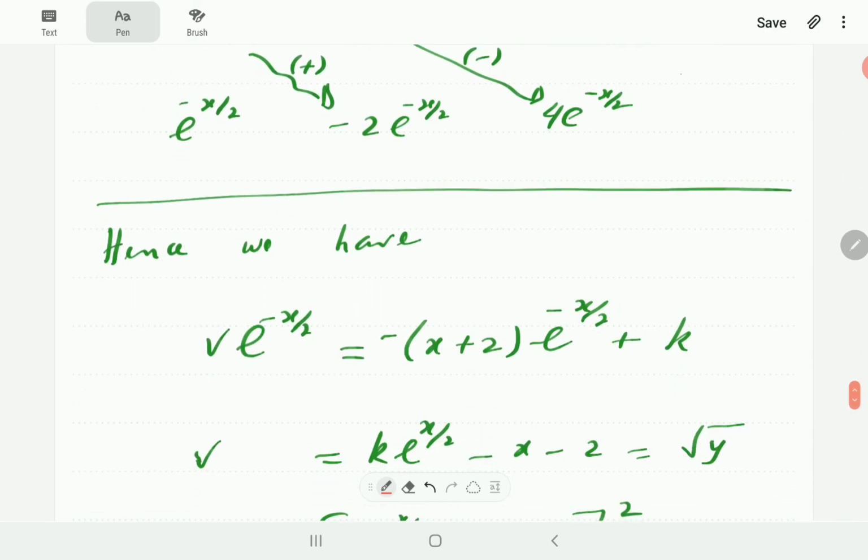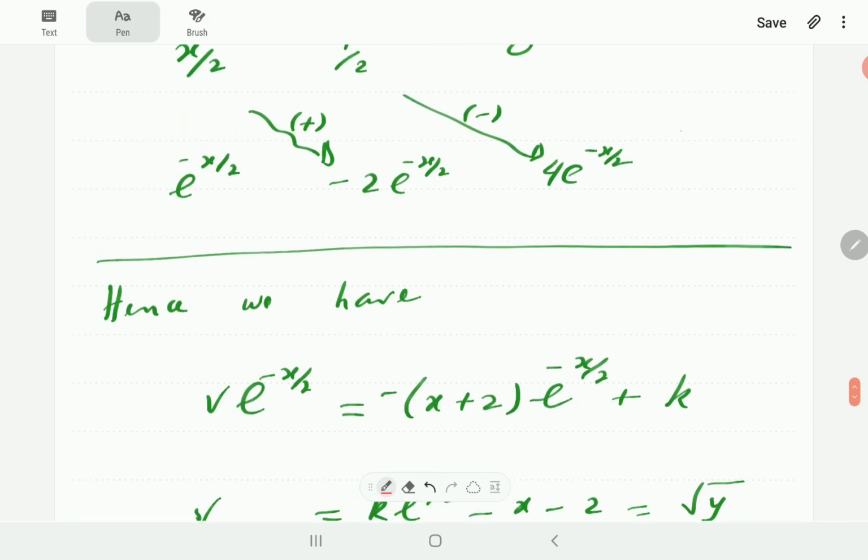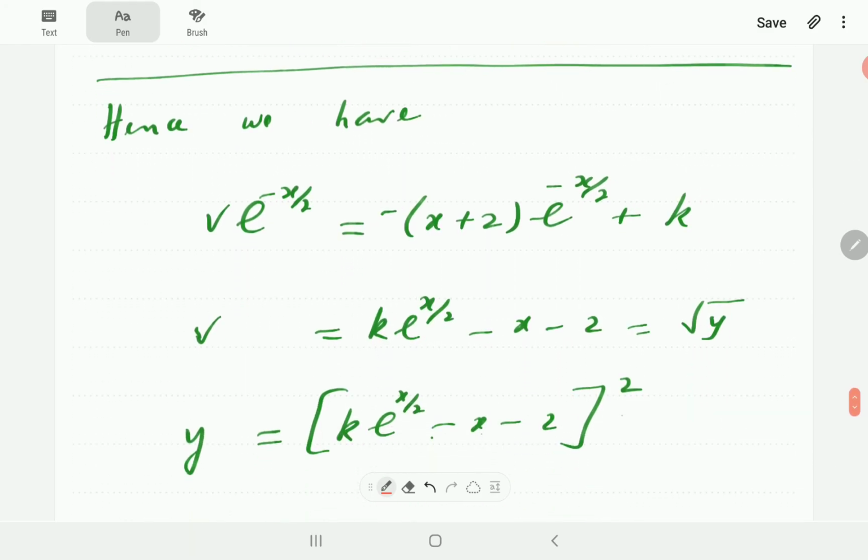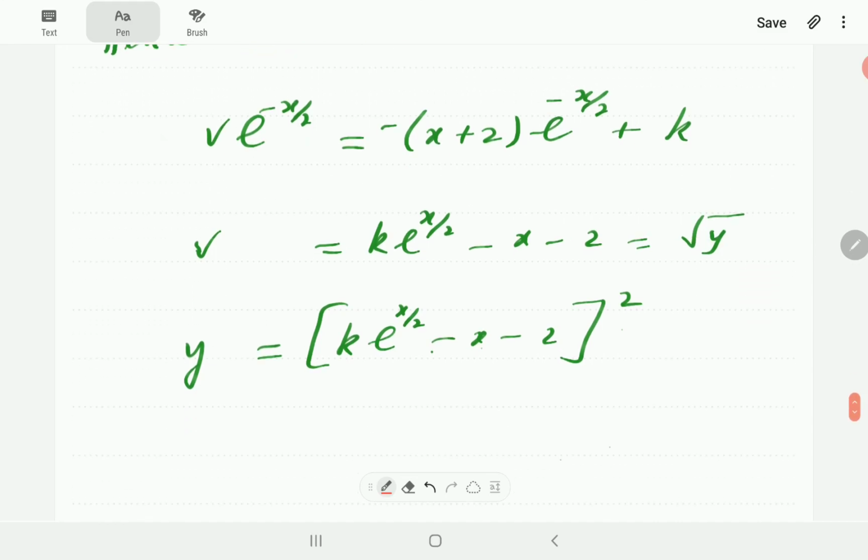So that means we're going to have v e to the minus x on 2. This is negative x, and that is negative 2. And then bringing this to the other side, we have v, but v is square root y. So from there we can make y the subject of the formula. So that is our final solution.